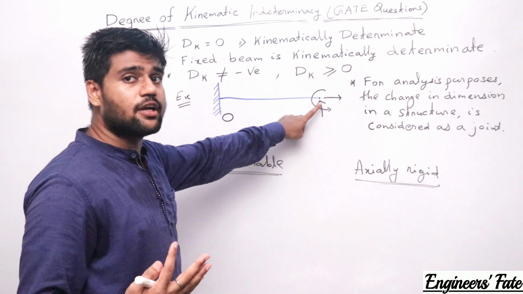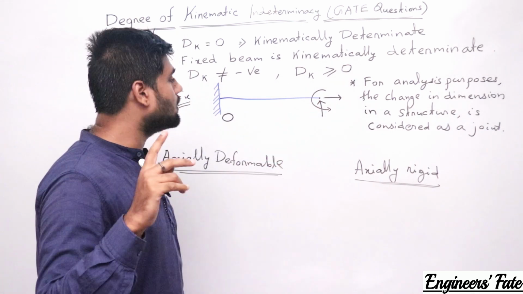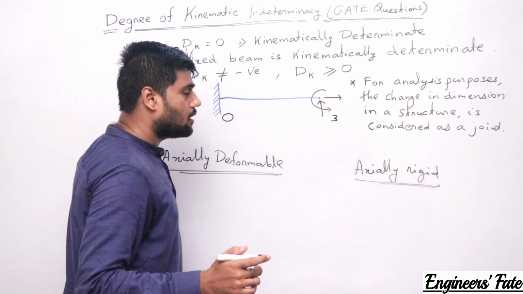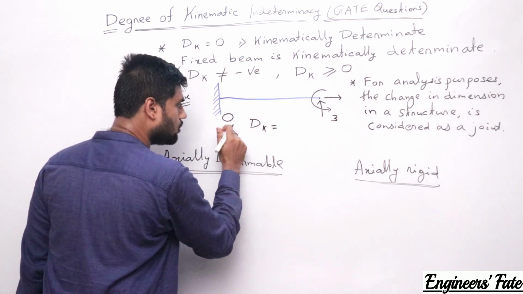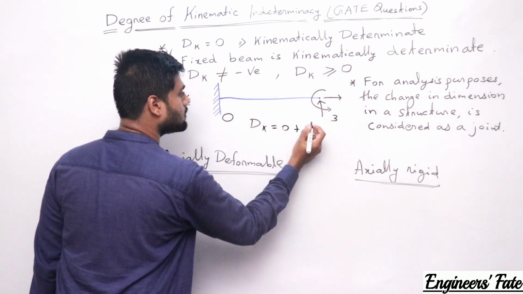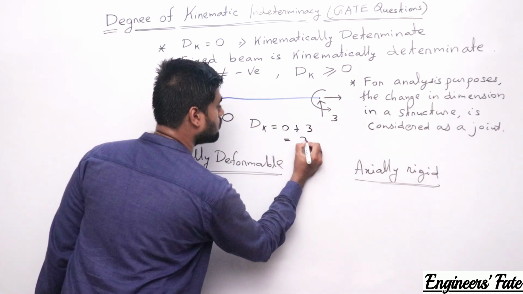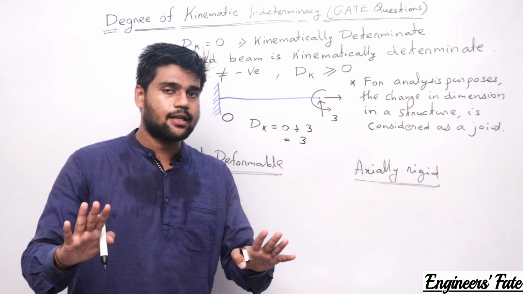The number of possible joint displacements at the free end is 1 plus 1 plus 1, that is 3. So now I have to find the dk. dk equals 0 for this joint plus 3 for the other joint, so dk equals 3. Till now I hope this is clear.